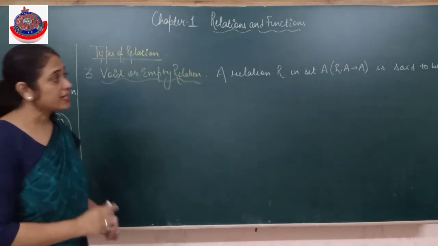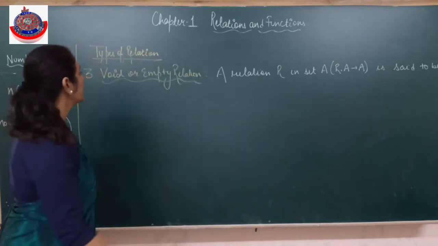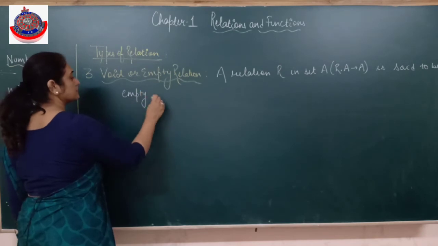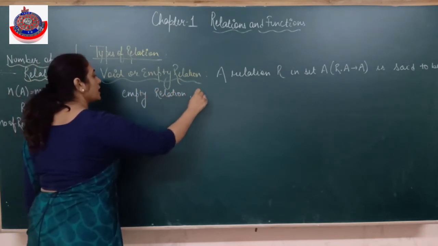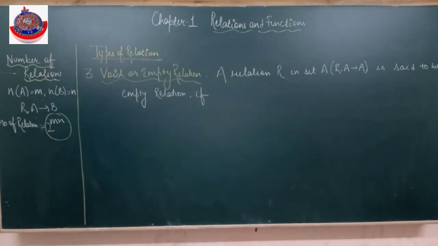A relation R in set A is said to be empty if no element of the first set is related to any element of the second set.